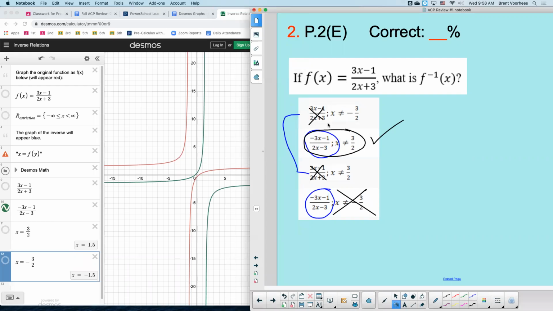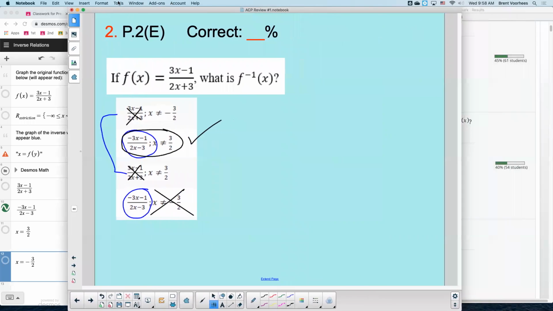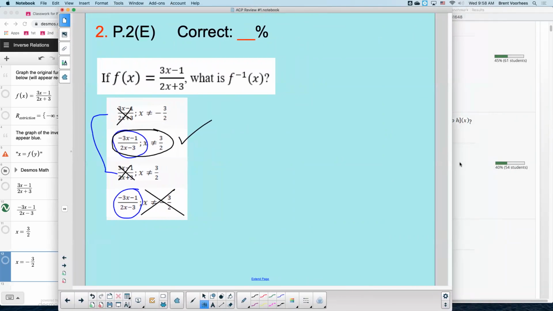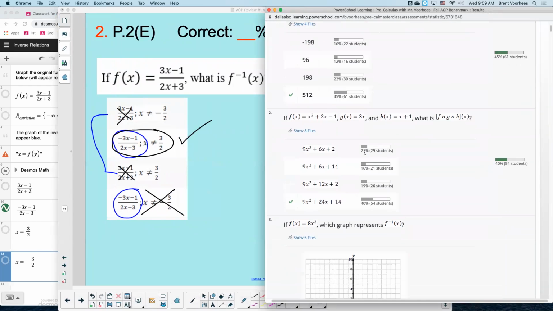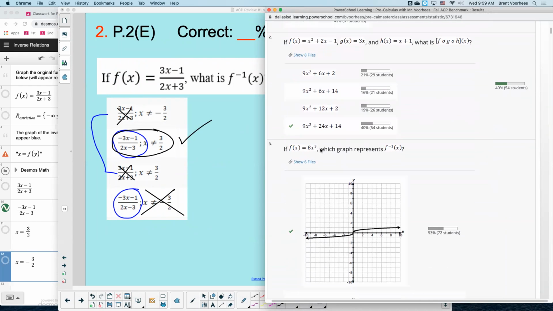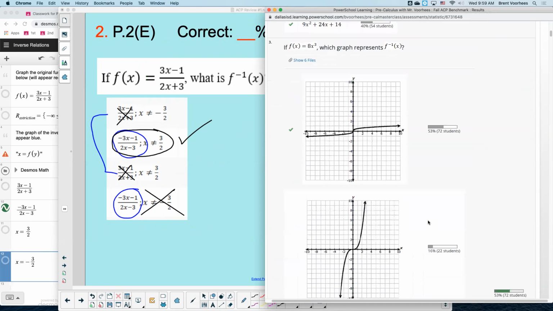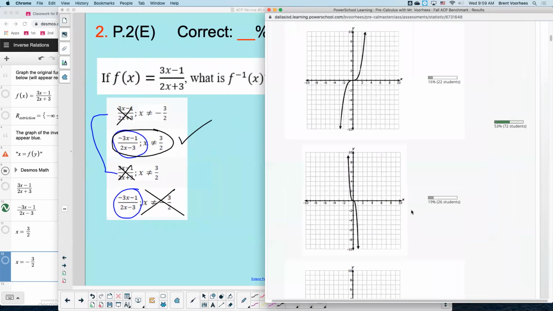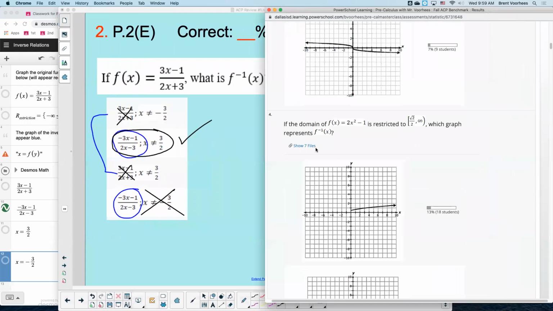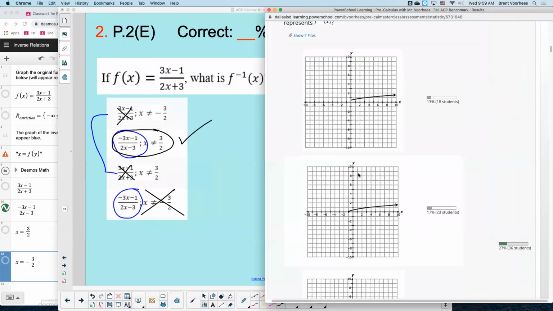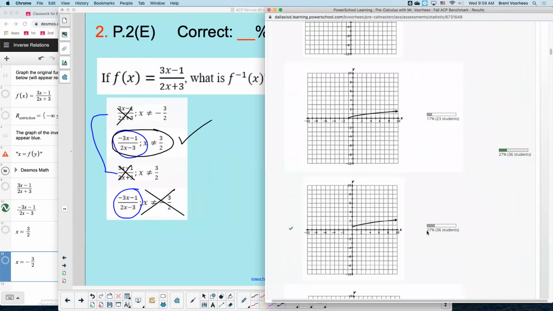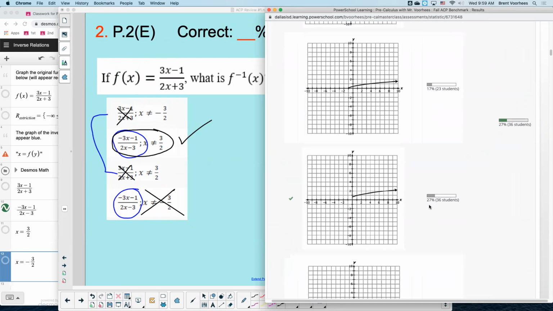So that was a little tricky there. I didn't even realize that in the answer choices. That was really tricky. I bet the data is not as good on that one because that's kind of a tricky problem. Let's look. So we just did 3 inverse problems. The data for the first inverse is we got that right about half the time. The second one we got right only a quarter of the time, which is basically just a guess.